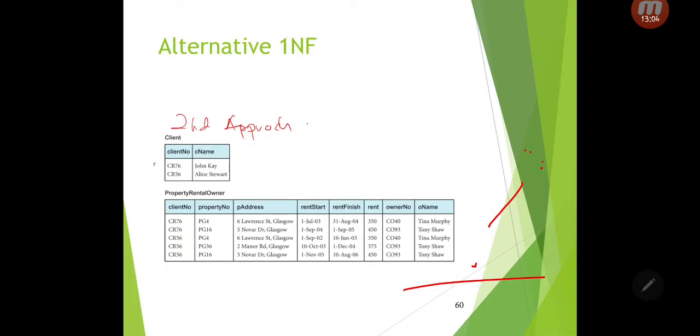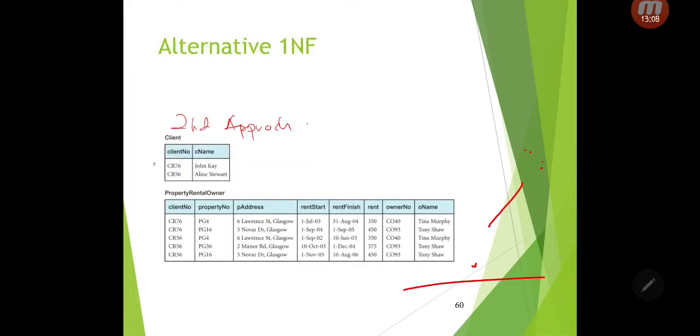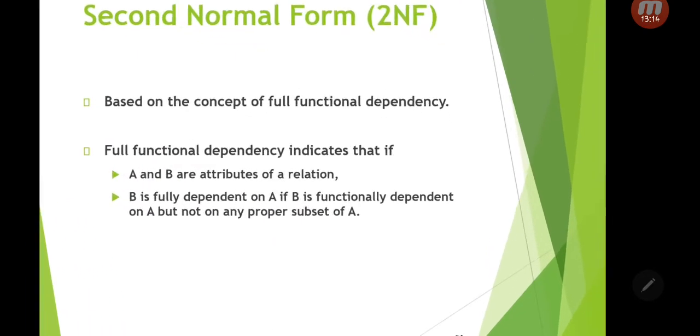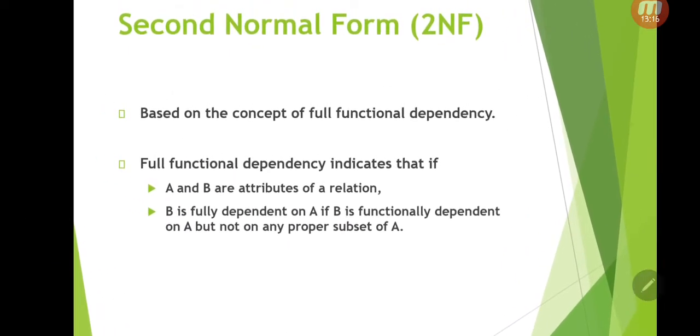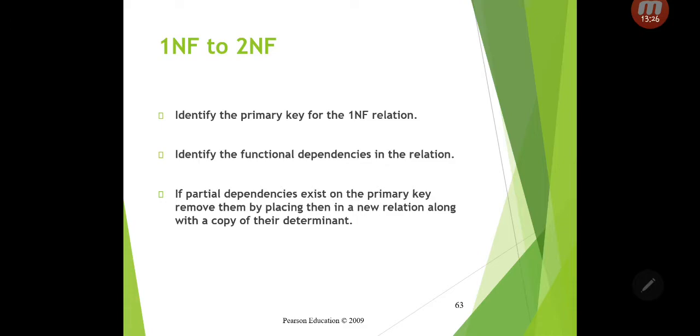Okay, so you have already done your first normalized form, and then you want to transform into the second normalized form. Still remember? First to the second normalized form, what you need to do is remove partial. This is the step to go from first normalized form to second normalized form.